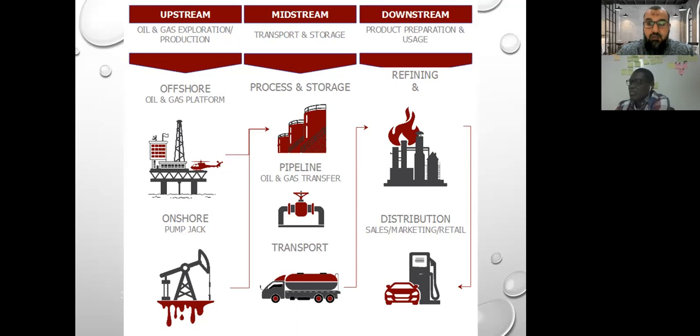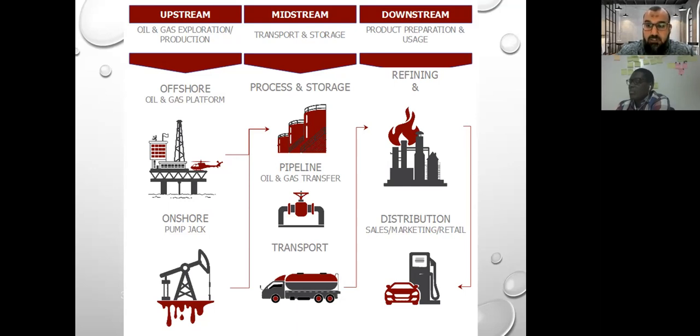All right. So the upstream, which we'll focus on today, as I told, has exploration and production. The people can explore the oil or gas on land or on the sea. If they are exploring the gas and oil on the land, they call it onshore.